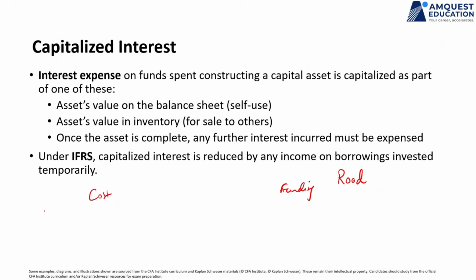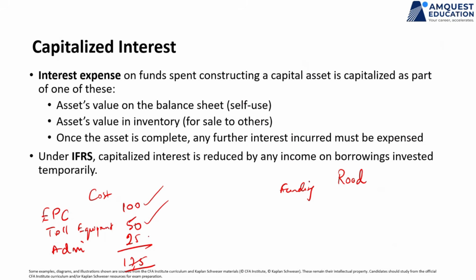Let's say the road project engineering, procurement and construction cost and the toll equipment cost is 150, and then there is admin cost of 25 rupees. So 175 rupees is the total cost of building the road, which includes engineering, procurement and construction cost, equipment cost, and admin cost.